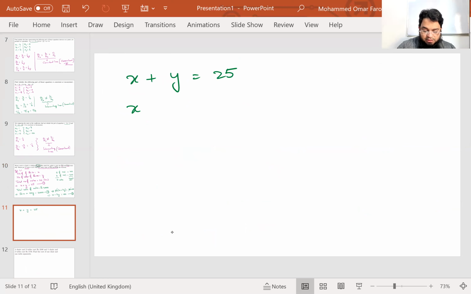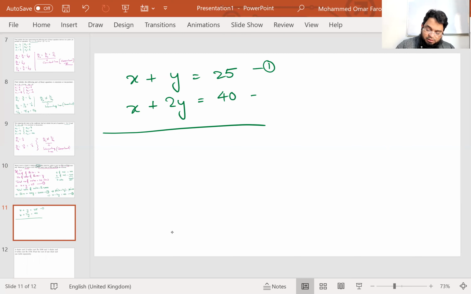So this is the first equation and this is the second equation. Now subtract the second equation from the first equation. We have studied that whenever we subtract, the sign changes. So plus becomes minus in each term. What is x minus x?